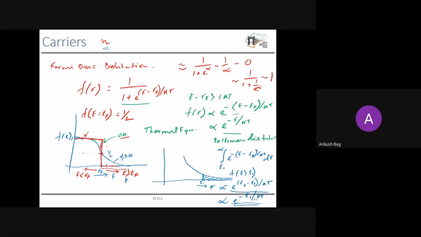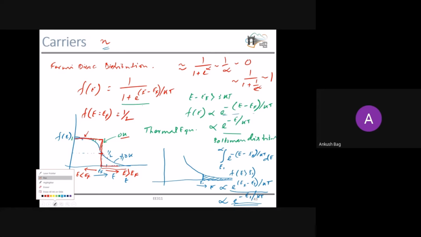Now if we keep increasing the temperature, these values are considered at temperatures above 0 Kelvin, so it will take a different shape.